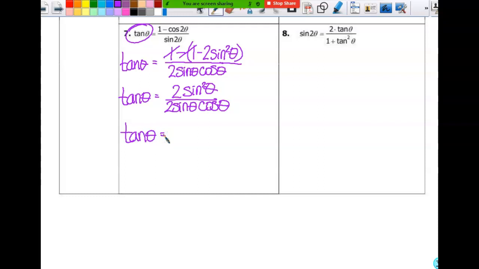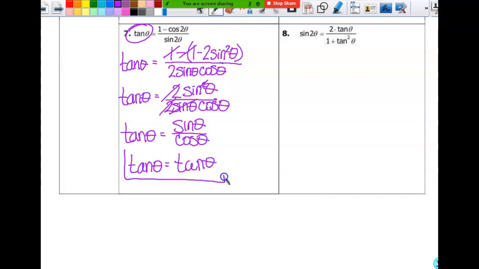So then I can reduce these 2's. Then I can cancel this sine with one of these. That leaves me with sine theta over cosine theta. And so then that's tangent theta equals tangent theta, and I'm done. What questions do you have? Anything?